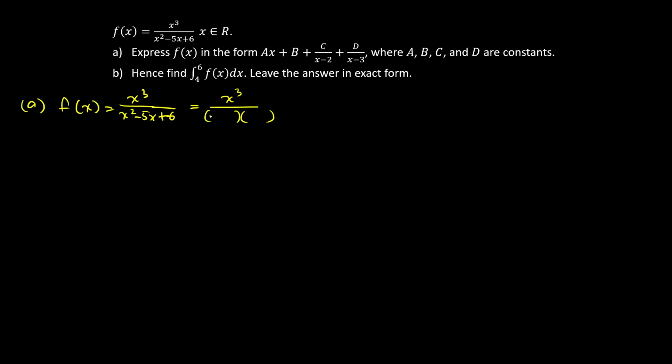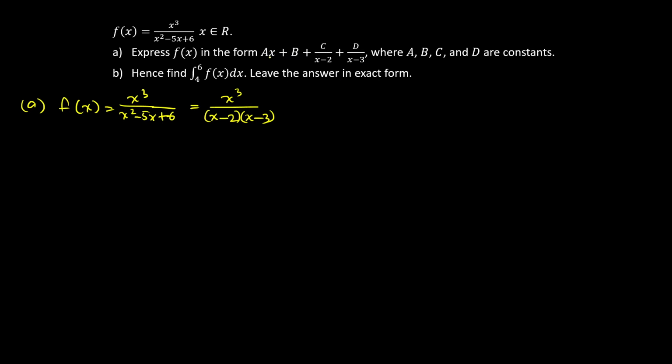For x squared, we should have x and x over here. The product rule is 6, so that should be 2 and 3, because 2 times 3 is 6. And we have minus 5 here, so it should be minus and minus here. That is exactly the same as the denominator, x minus 2 and x minus 3.